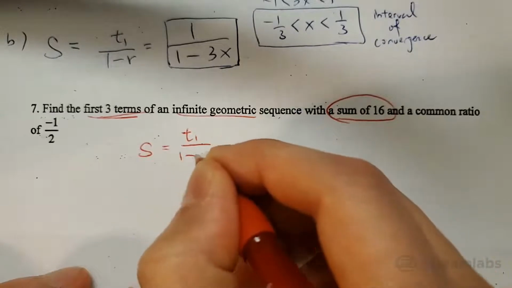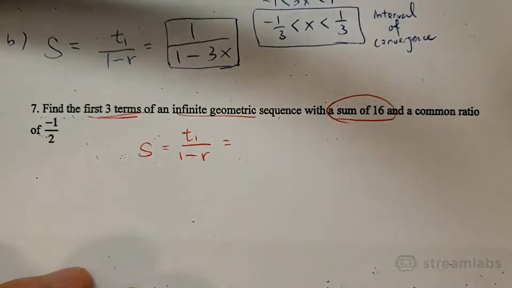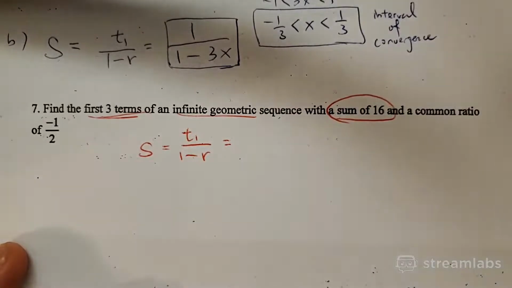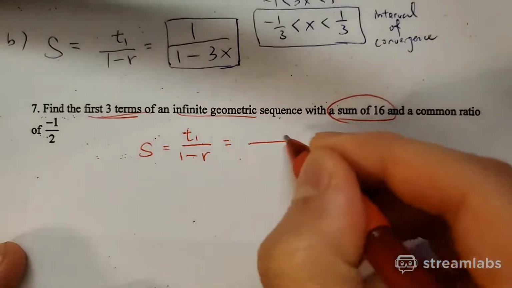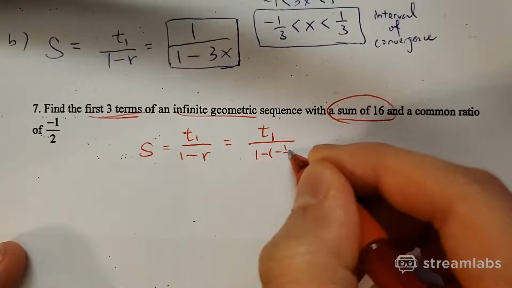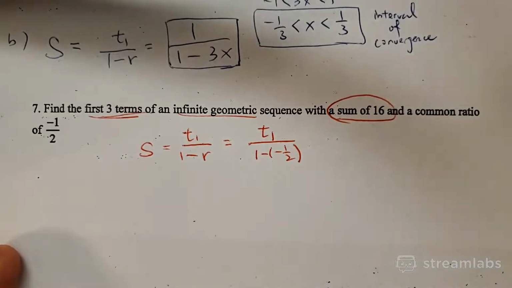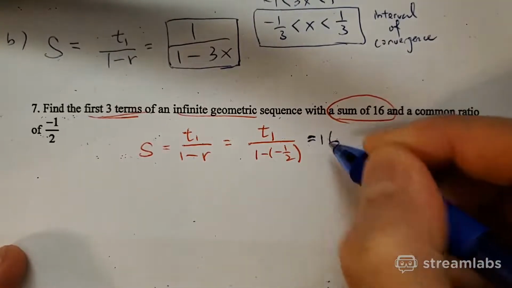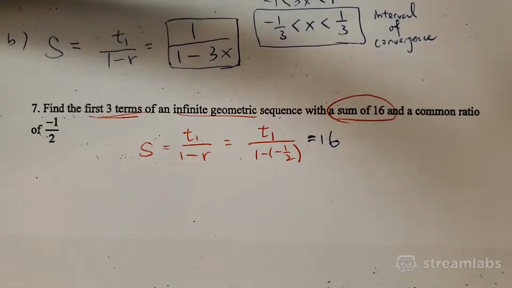Isn't it T1 over 1 minus R, or G1 over 1 minus R, or A1 over 1 minus R, whatever first term you use? They didn't tell you what the first term is, but they tell you what the ratio is, which is this. This is supposed to equal 16, right? So can you now find what T1 is?